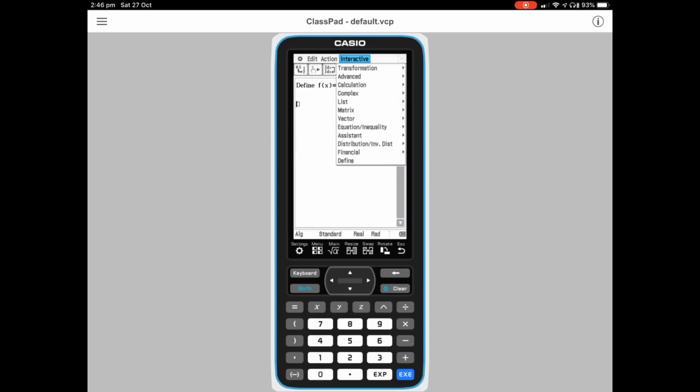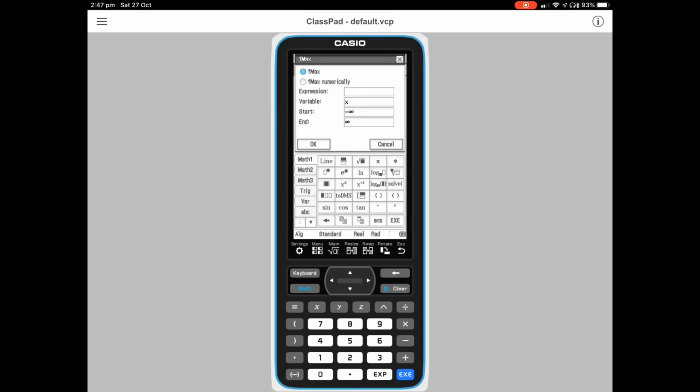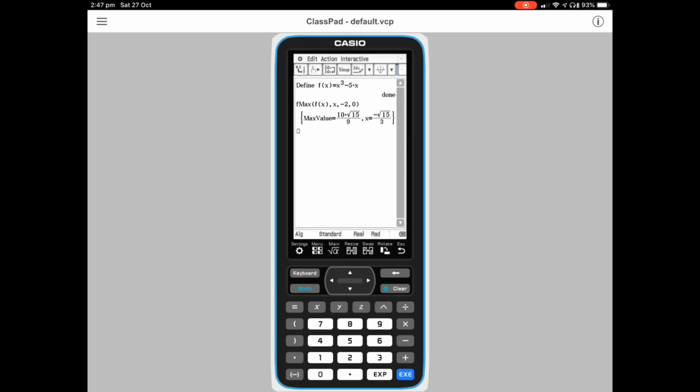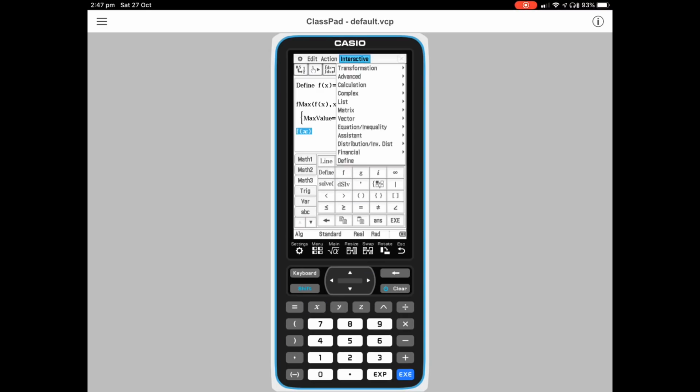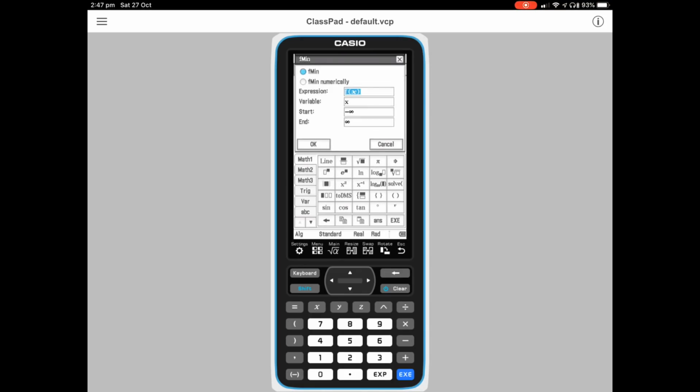We had a maximum that was between, say, -2 and 0, so advanced calculation, f max of f of x, somewhere around there. And then we had the same thing, but it was f min, and that was between about 0 and 2, because it sort of looks symmetrical.